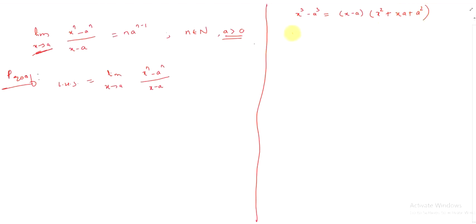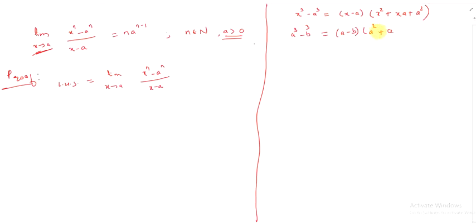If you do not get this one, change the notations: a cube minus b cube is (a minus b) into a square, then the power of a is 3 minus 1, that is 2, and now the power of a starts to decrease. Here, square, then 2 minus 1, 1, that is a, and the power of b starts to increase.